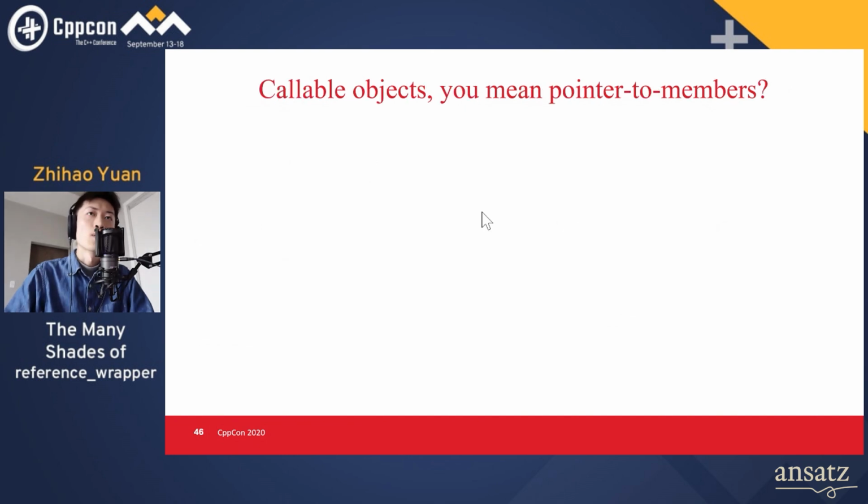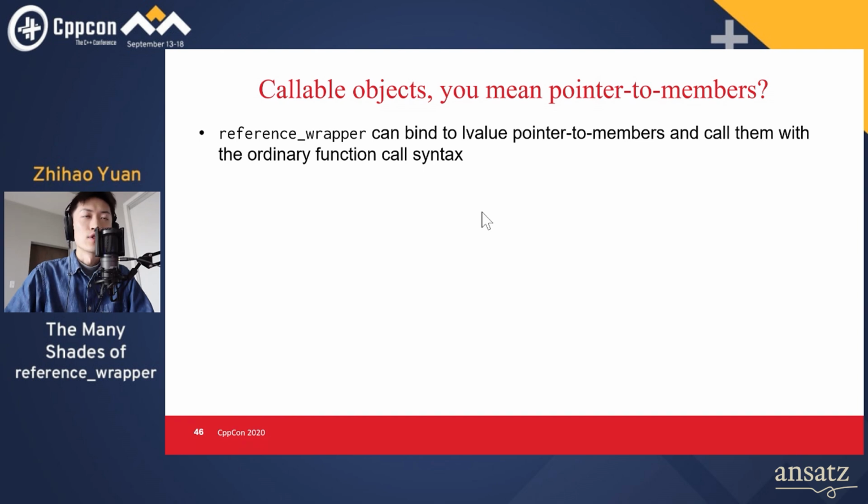So callable objects, do you mean pointer to members? Well, yes and no. Reference wrapper can bind to L value pointer to members and call them with the ordinary function call syntax. But if you recall what pointer to members are, they are usually PR values.